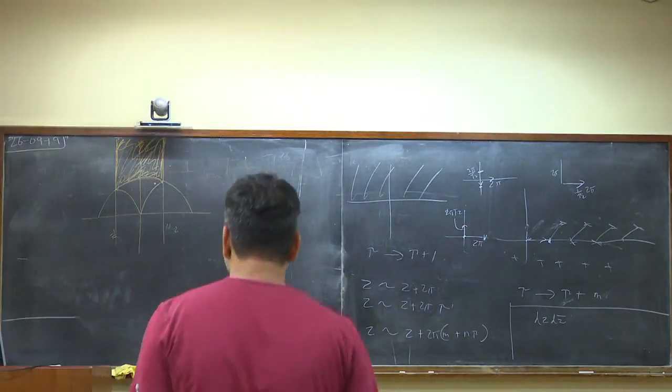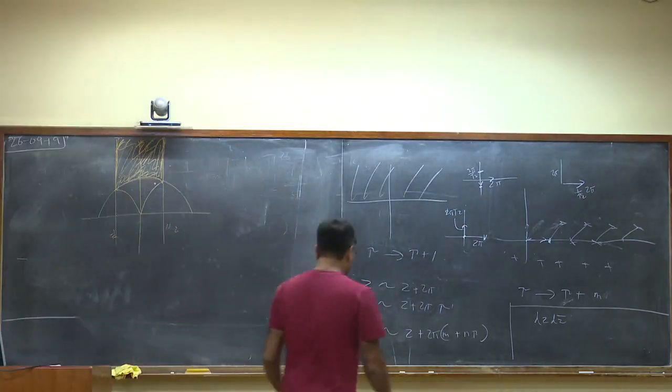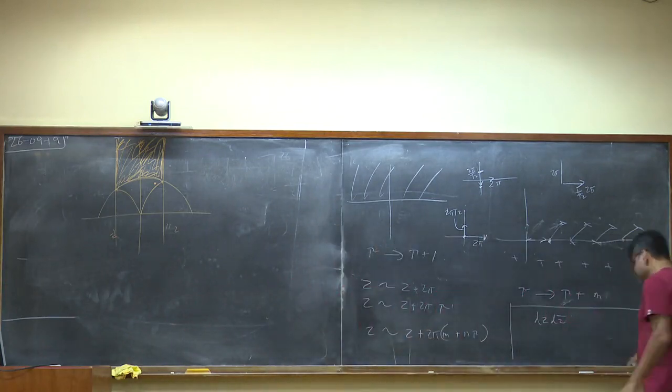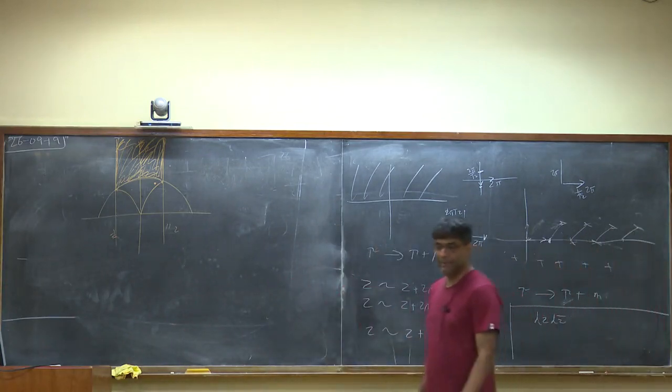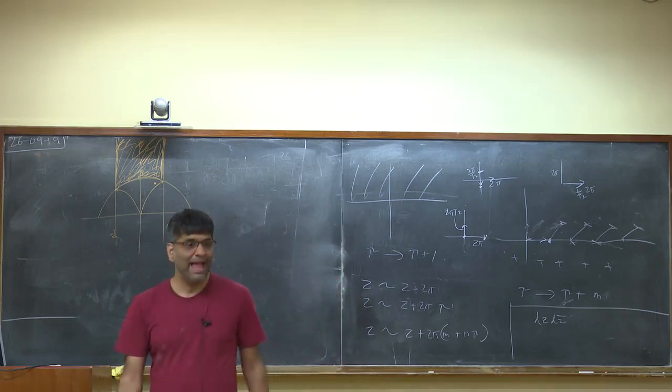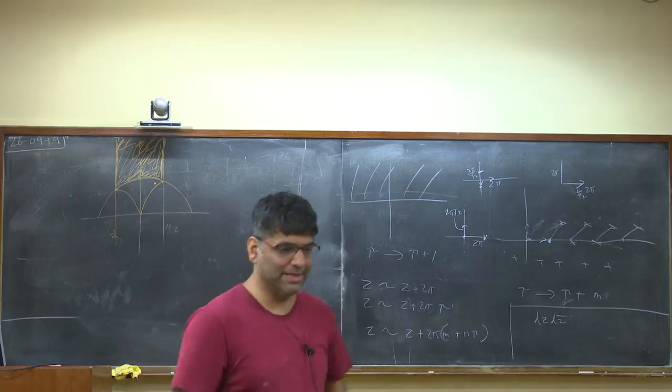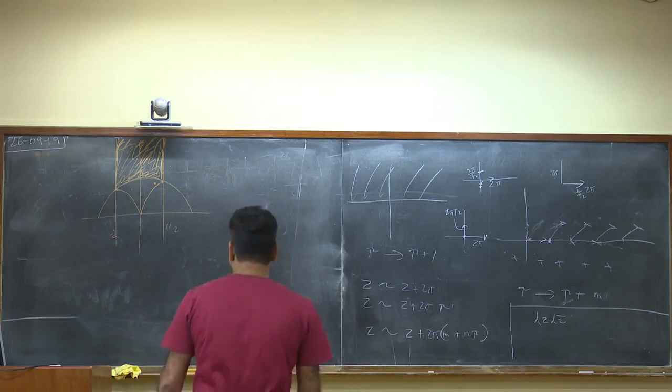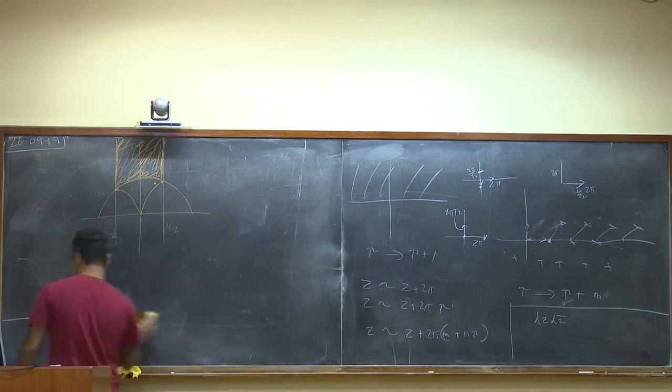Right. Now, the next thing I want to do is to take this formula that we have and interpret it in terms of quantum field theory. So what is the formula we have?